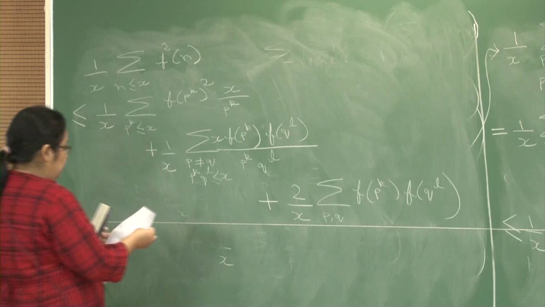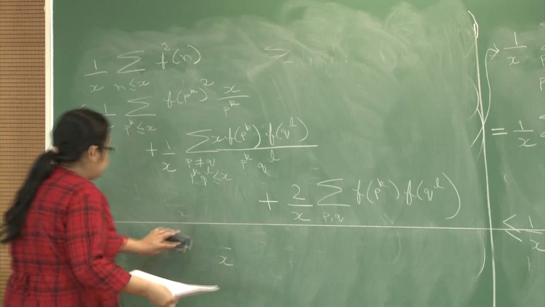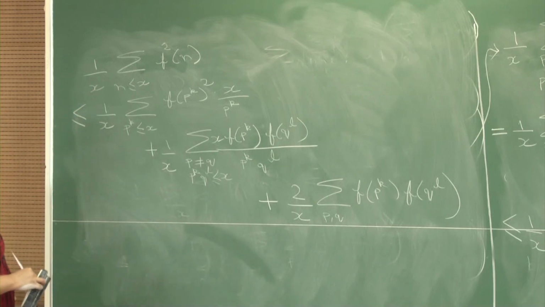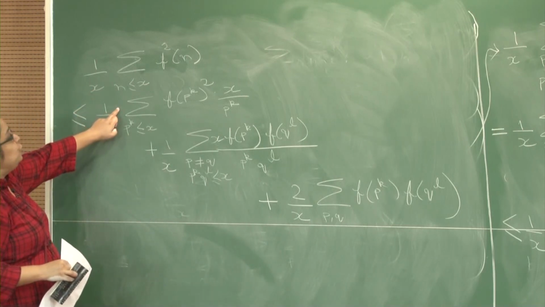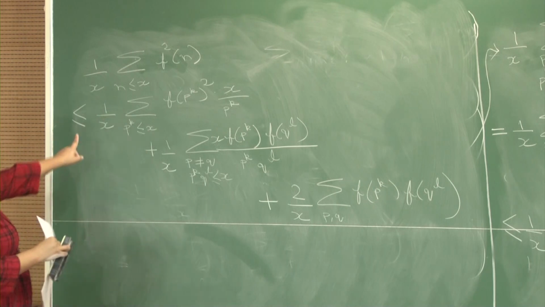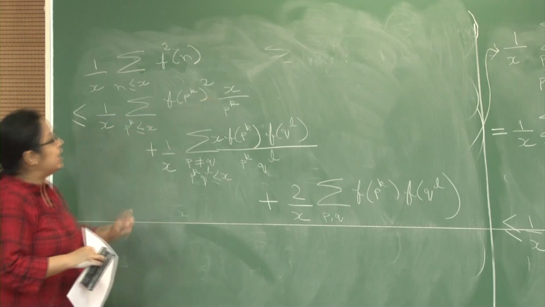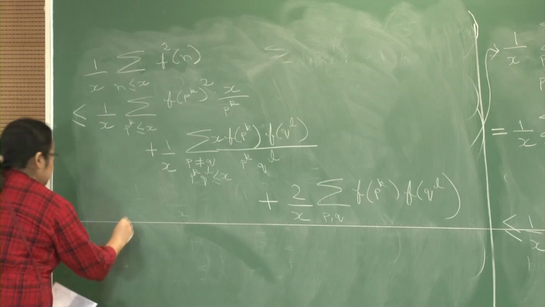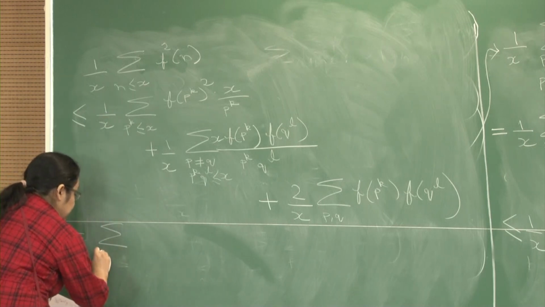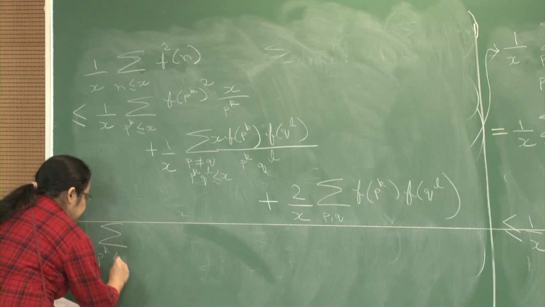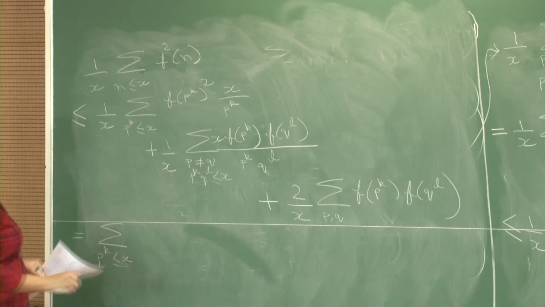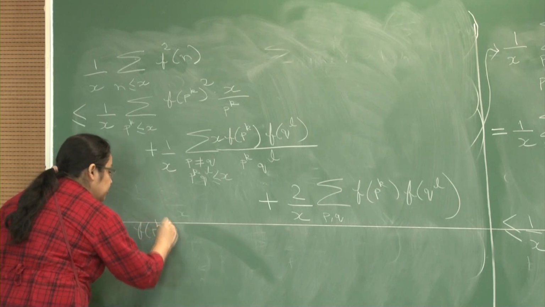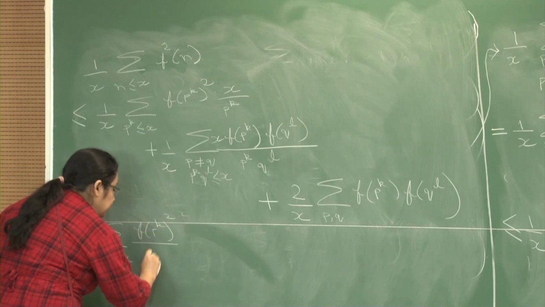Now what we observe is, if you look at each of these terms, what do you know about the first term? So x and x will cancel away. So this is the summation over p raised to the k less than or equal to x, f of p to the k whole square over p to the k.